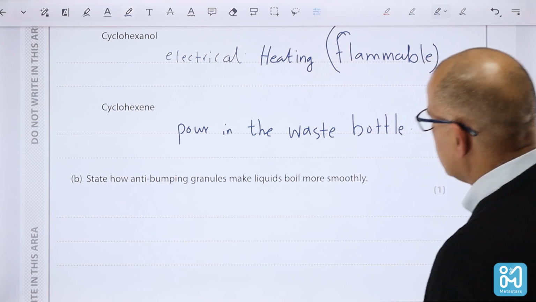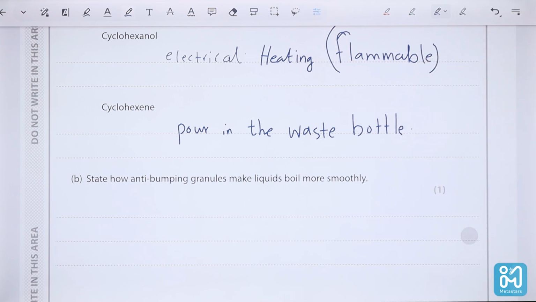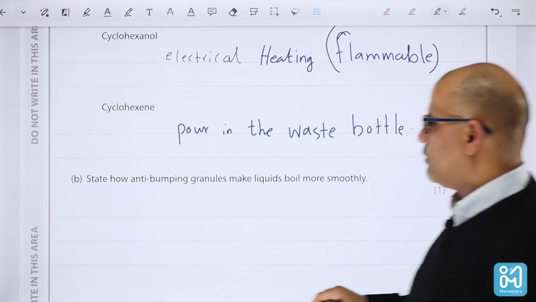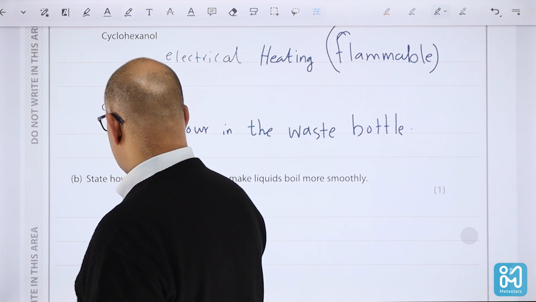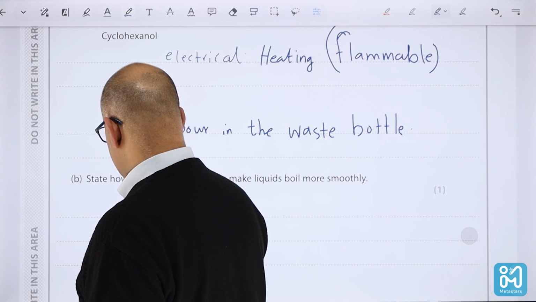And state how the anti-bumping granules make liquid boil more smoothly. Okay, this anti-bumping granule provides a nucleus on which the gas bubbles grow.